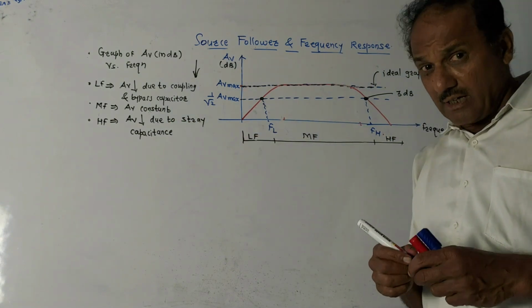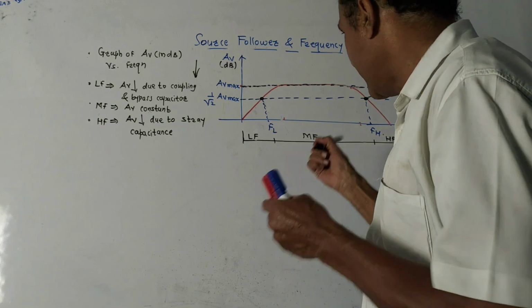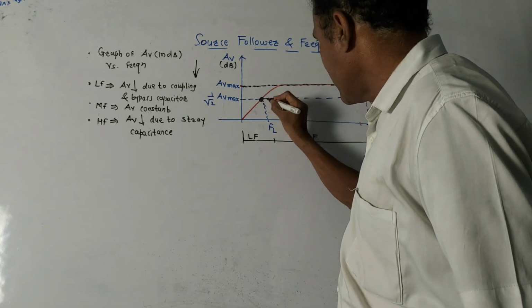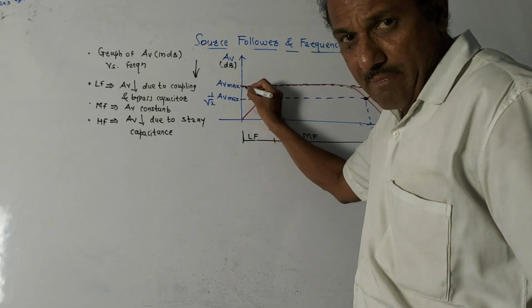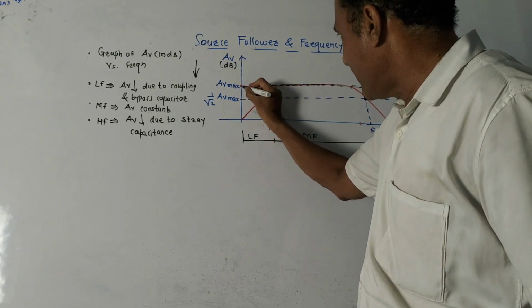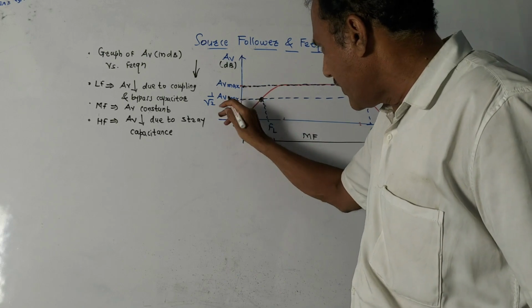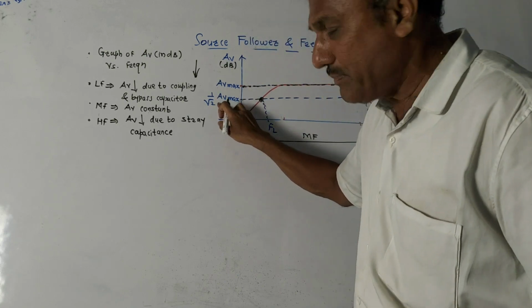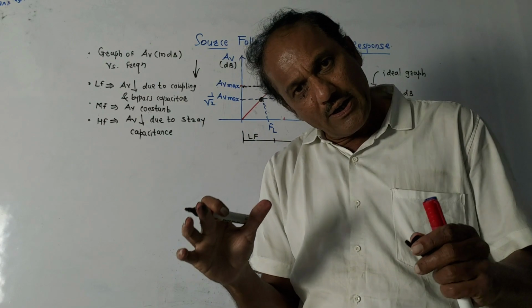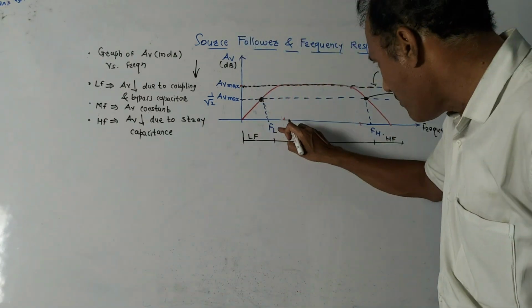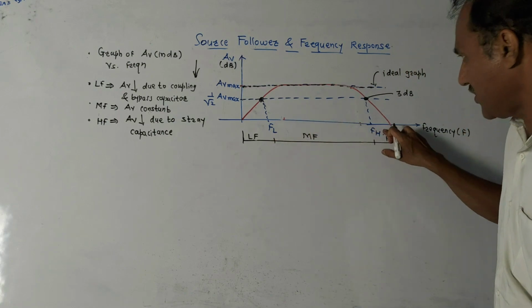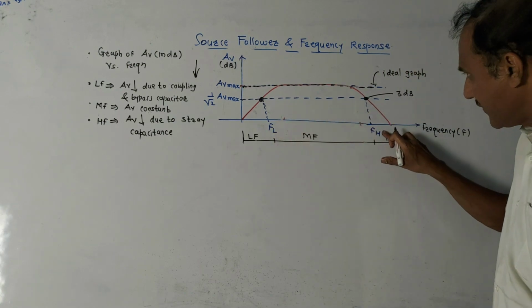Now an important term you will have to mention in the answer. I am talking about this point. This is the value of AV max. At this point you are getting the maximum value. This is the value where you get 1 by root 2 times AV max. This is called the half power point. I have marked two values, FL and FH, the lower frequency and higher frequency.